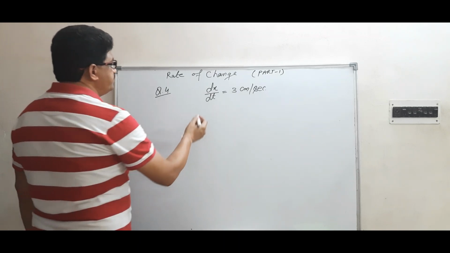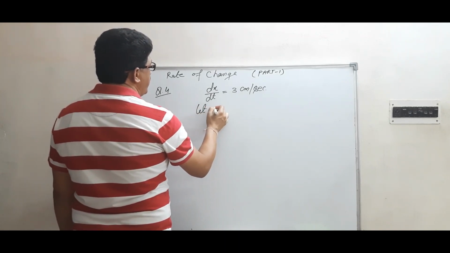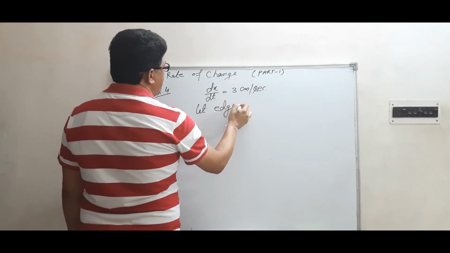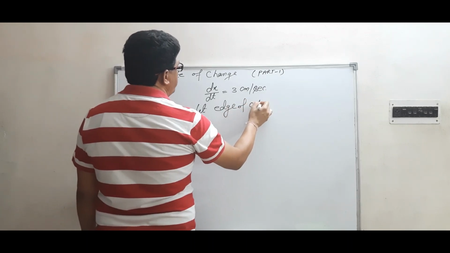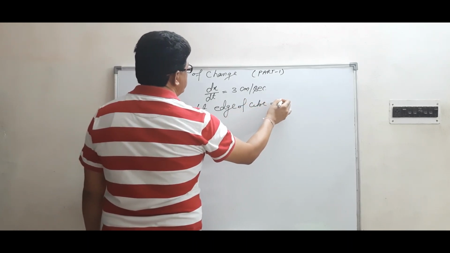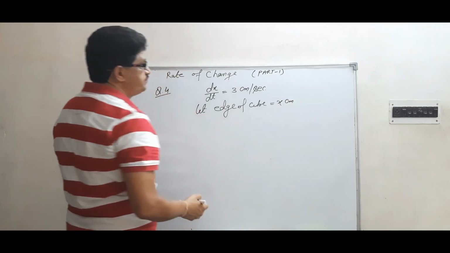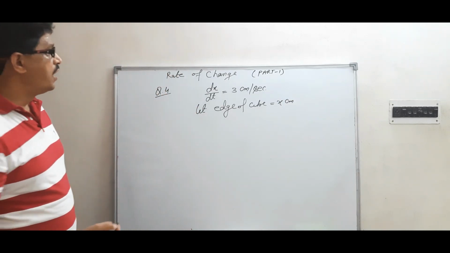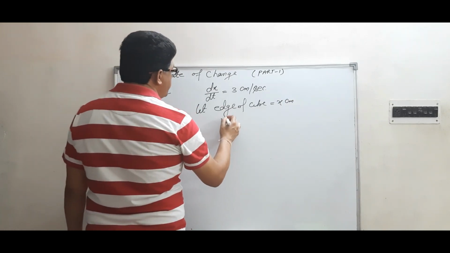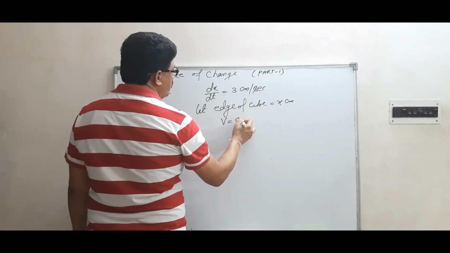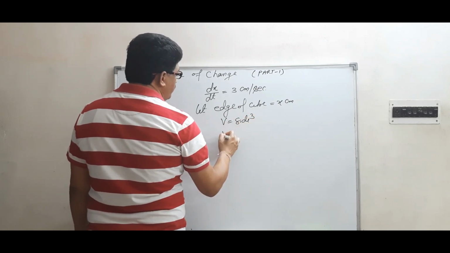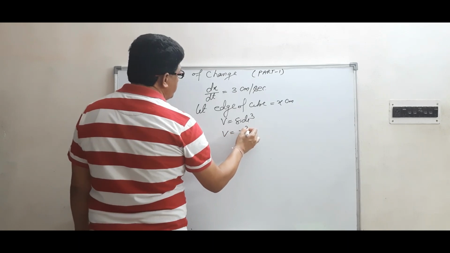So let the edge of the cube be x centimeter, and the volume of the cube is side cubed, so volume is equal to x cube.